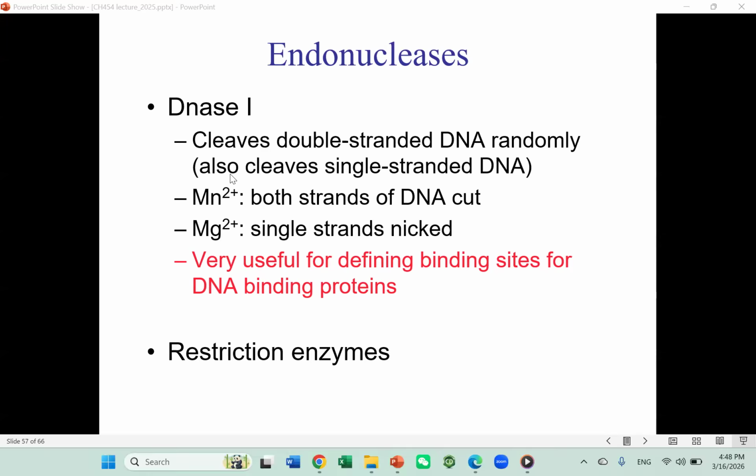So it is very useful for defining the binding site of a certain enzyme on DNA.